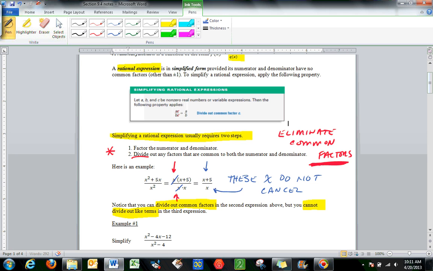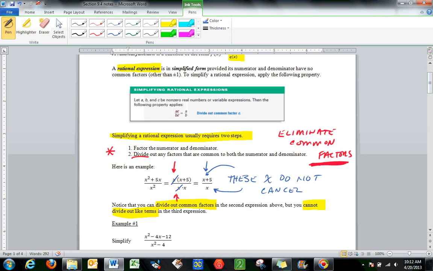And so we're talking about that x and we're talking about that x. Those x's do not cancel out because on the top expression the x value is added to the 5, so that is one complete term together. So that whole term has to match up with the term on the bottom of the fraction as well perfectly. You can't take a piece of that expression and cancel it out. So just be very careful that you're canceling out factors and you're not canceling out like terms.